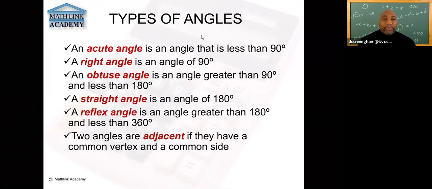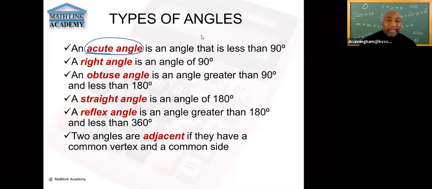Let's talk about types of angles. We have a few types that I want us to make sure we understand. The first one is the acute angle. An acute angle is an angle less than 90 degrees. The next one is a right angle.